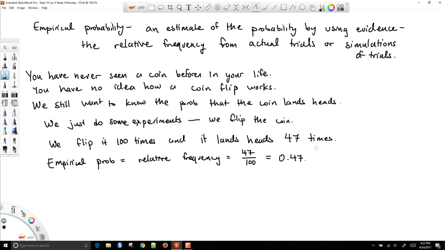And so in this case, what we report back is, based on my evidence, my relative frequency is 0.47.